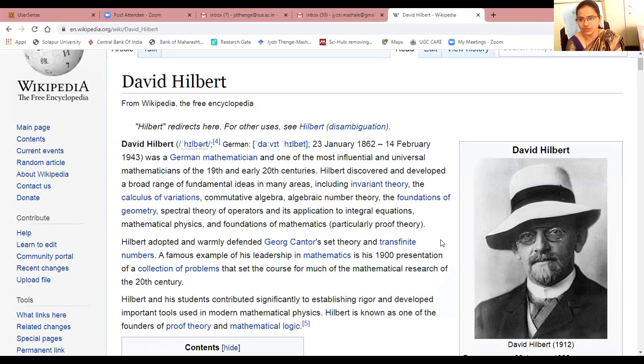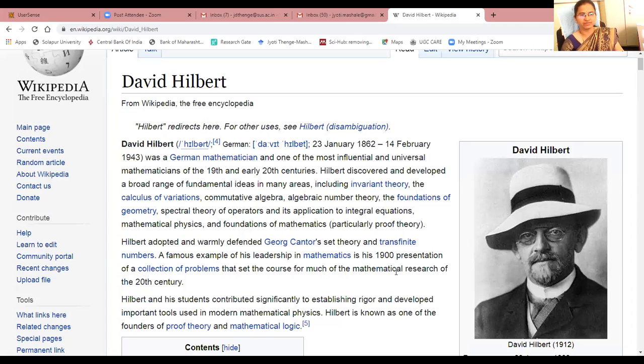He was the mathematician David Hilbert, who introduced the concept of Hilbert spaces. We'll try to understand his life history. He was a German mathematician, born on 23 January 1862, died on 14 February 1943. He was one of the most influential and universal mathematicians of the 19th and early 20th century.